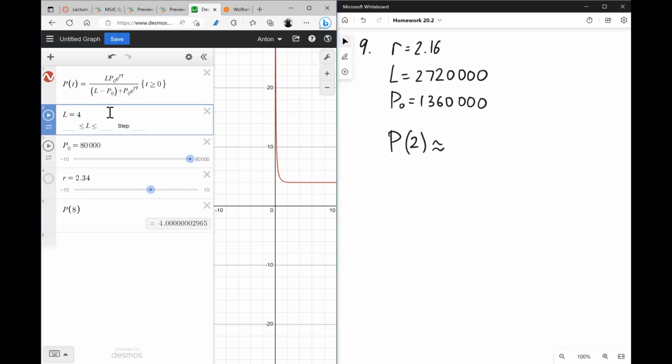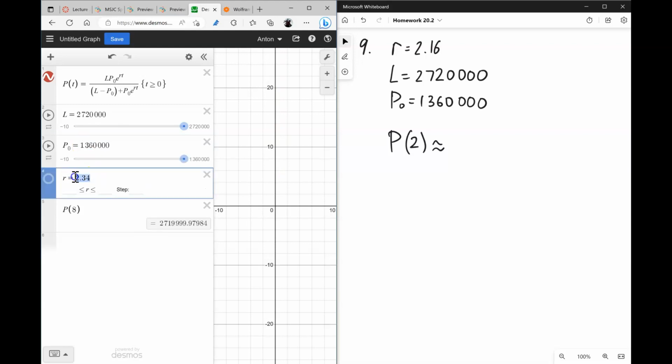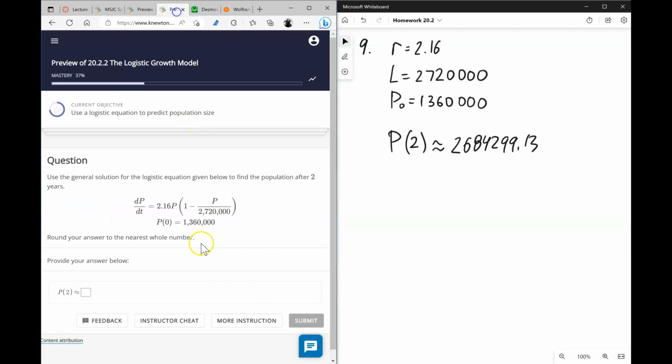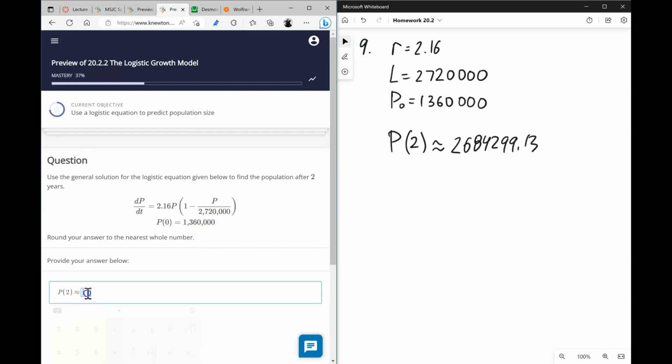So we have here 2720000, P0 is 1360000, R is 2.16, and we need to find P of 2, which is 2684299.3. So we're rounding to the nearest whole number, so it's going to be 2684299.